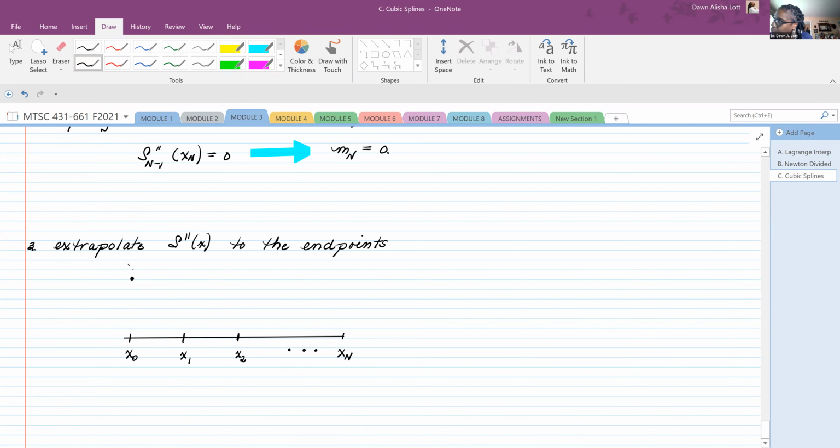I have this point. Here's M naught. I have this point. This is M1, which is equal to S1 double prime at X1. And then here's the point M2. And this is equal to S double prime. Oh, I did that wrong.